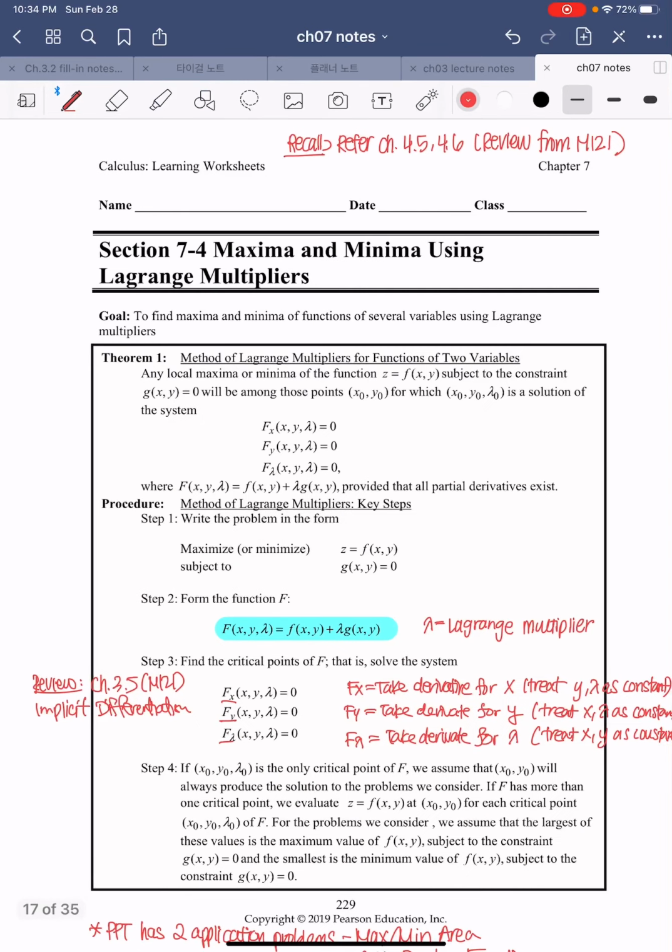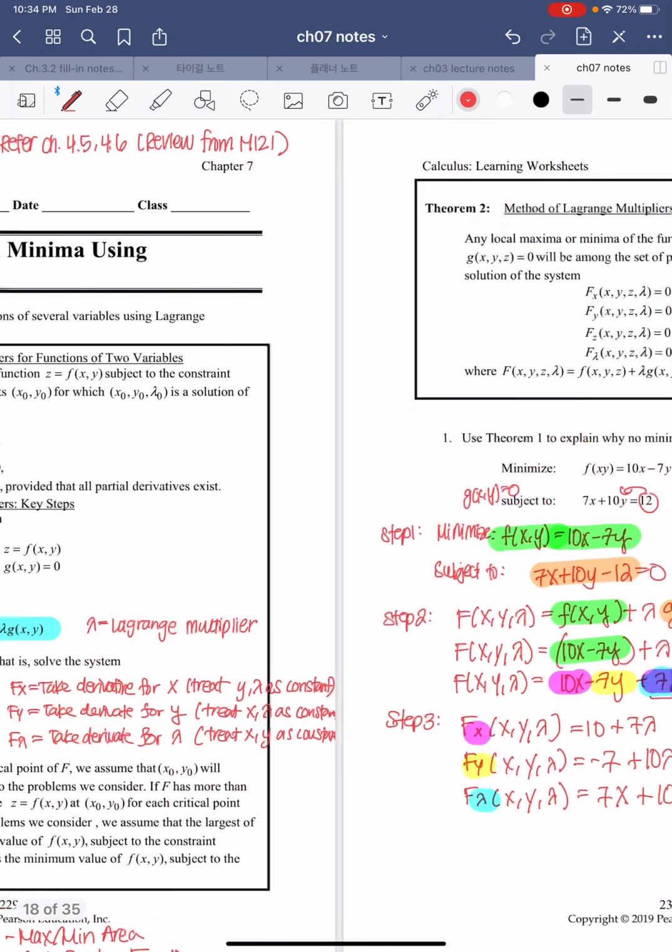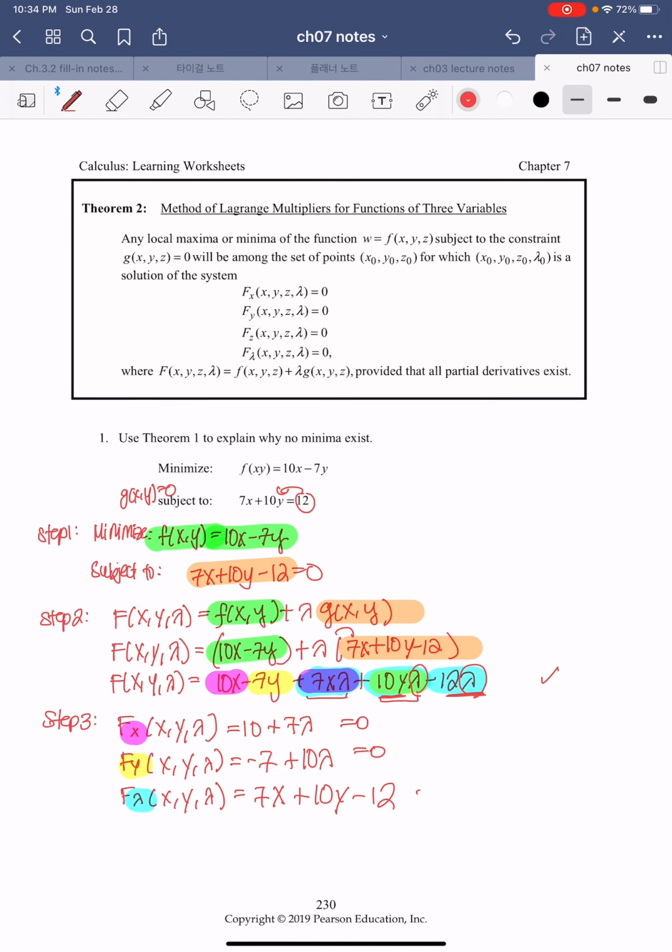Once you differentiate, you will set each function equal to 0 and solve for lambda. However, now here's the problem. This is why the minimum does not exist. When I set f of x equal to 0 and f of y equal to 0, you see that the x and y terms disappear, only lambda remains. So I cannot use x and y. The x variable disappears, and same thing, y does not exist, so I cannot plug it into this equation.